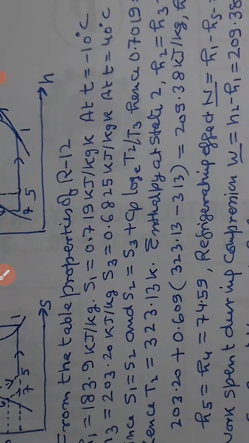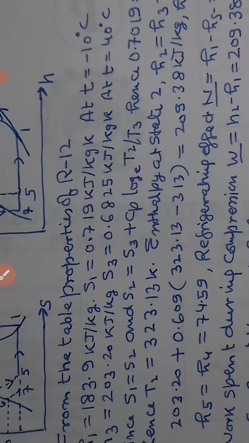S1 is 0.7019 kJ per kg K at temperature -10 degrees. Then H3 is 203.20 kJ per kg, and S3, that is entropy, is 0.6852 kJ per kg K at temperature 40 degrees centigrade.